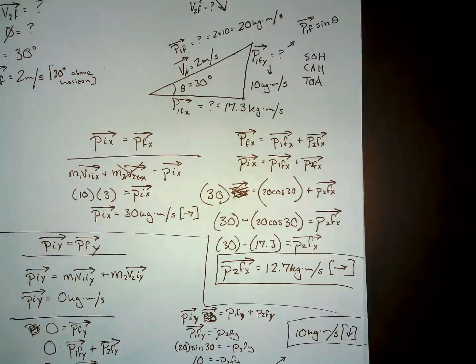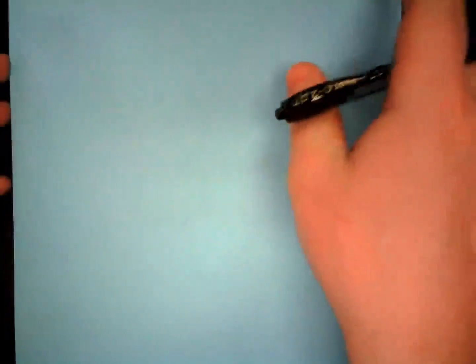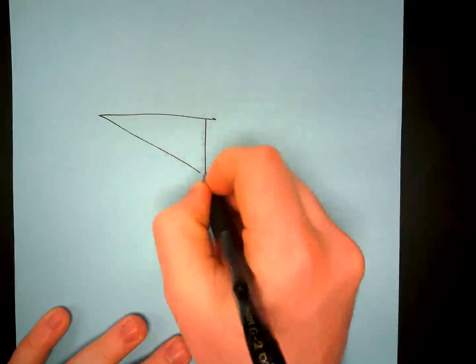Whew. I know, a whole lot of work. Hopefully this is not as confusing as you thought it'd be. So now, what we have is this. Let's now put this together in a picture. So let's draw a picture of our second object after the collision. Its triangle is going to look like this.